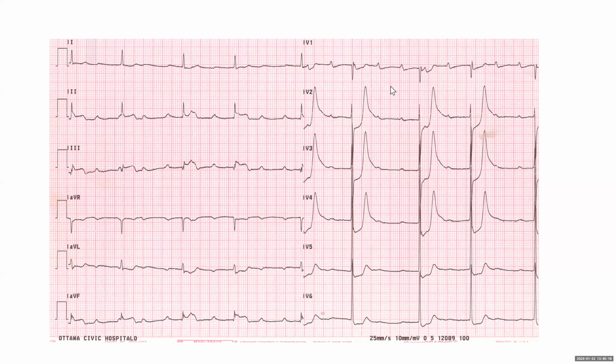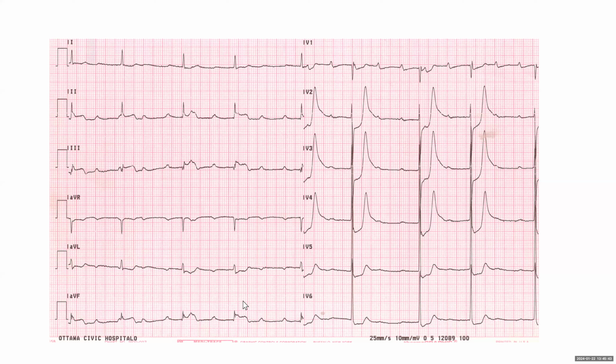So two things. Is this Wenckebach or complete heart block? What do you guys think? Complete heart block. Why is that? Why is it not Wenckebach? AV dissociation. Yeah.